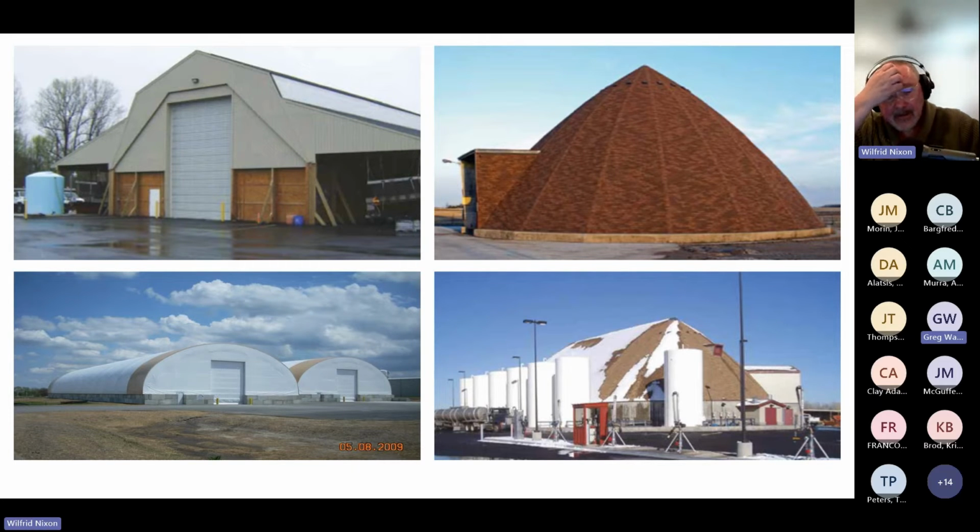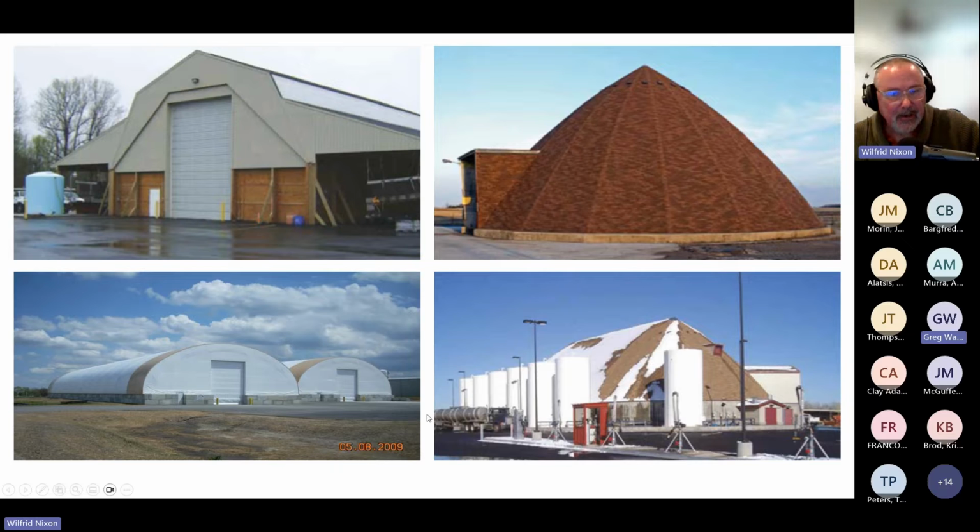And then down in the bottom left is a rectangular fabric roof covered structure. In fact, two of them. This is a shared salt facility for various of the municipalities in the Des Moines area.